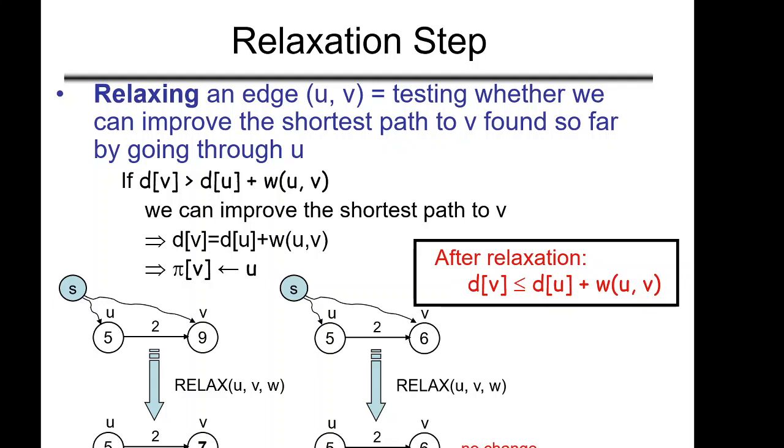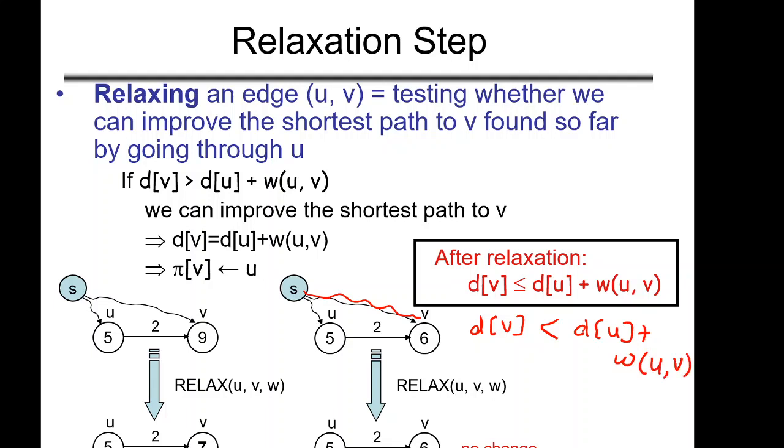Why can we say that? Just see both the cases. If a shorter path already exists and we are not coming from u, then in that case d of v is less than d of u plus weight of uv. Agreed?